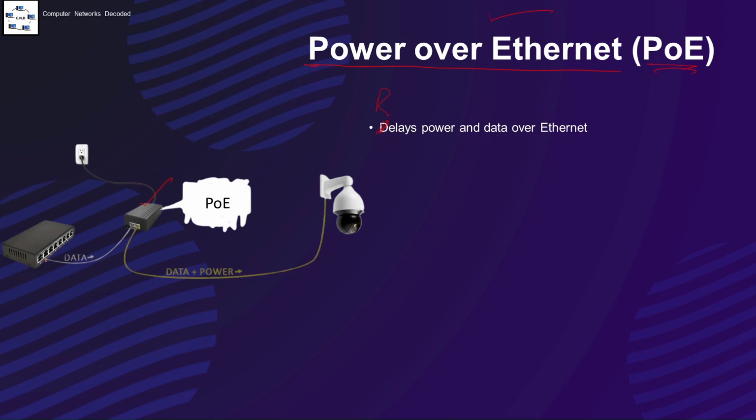This cable brings in data, and let's suppose this is a camera, you connect it to this other cable. So this camera receives both the power as well as the data from this cable. As the name indicates, power over Ethernet, this device receives power over this Ethernet cable. This is a normal Cat6 or Cat7 cable.